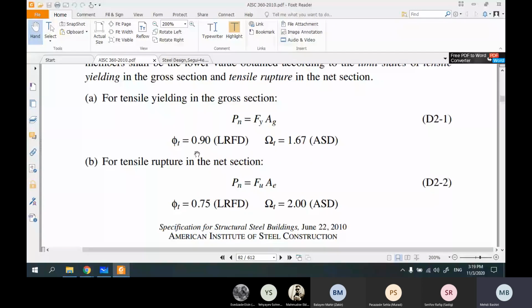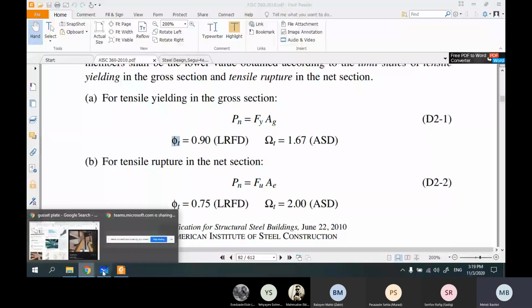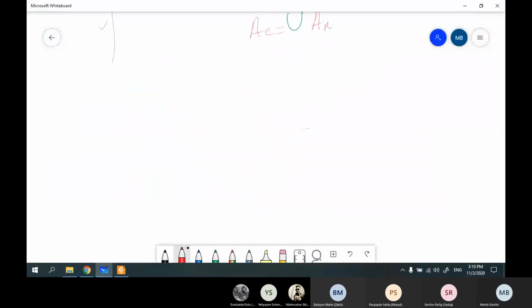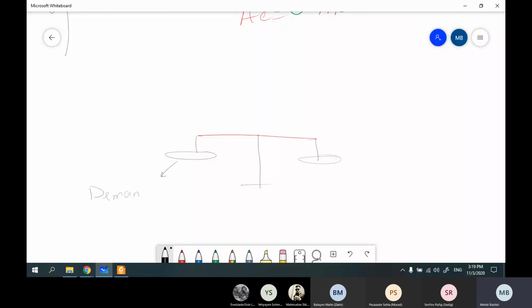Another thing that we have to use when we want to design or check a section is phi. If you remember, I explained in our previous classes that when we want to design something or check something, we have a balance. You remember that balance? On one side, we have demand.